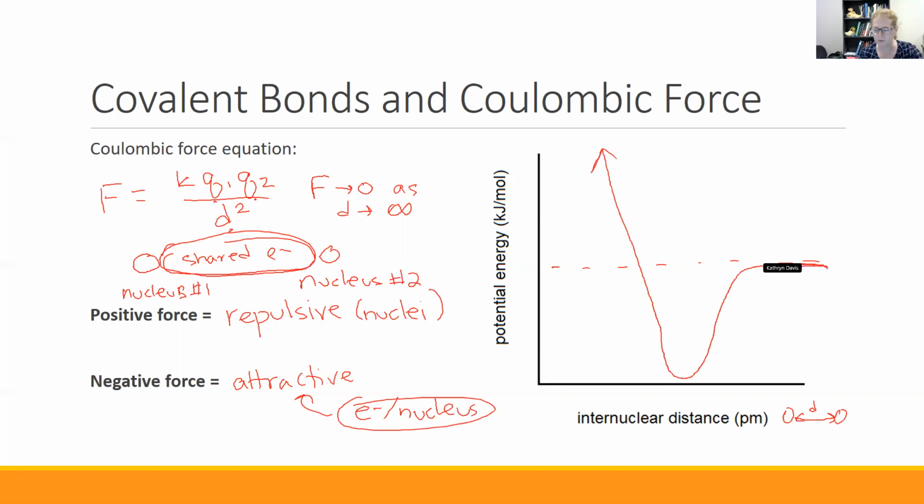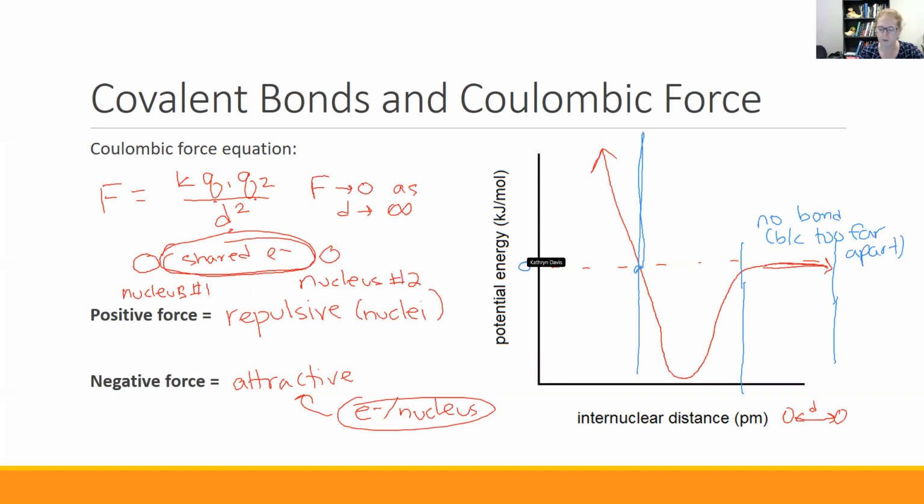And you can think about this as sort of three regions. In this region where it's basically zero, there's no bond because we're too far apart. In this region where we go above zero, this is the zero line, too close together.